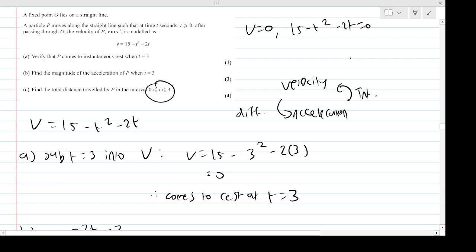So 15 minus t squared minus 2t. If we solve the equation when we set velocity to 0, we get t is 3, which is one of the solutions in part A, right? Or t is minus 5. Obviously, we can't have t is minus 5, so t is 3 only. It's the only solution there.